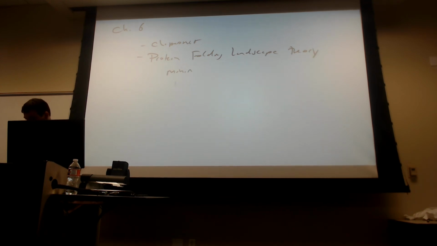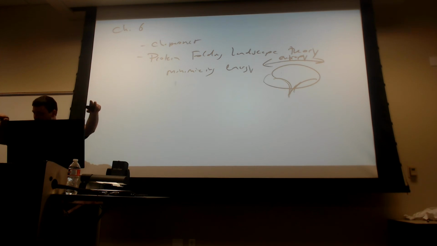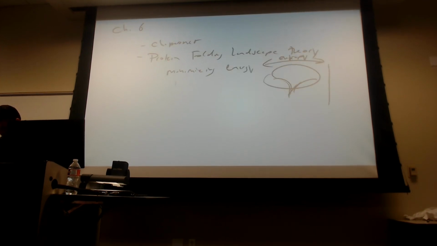Minimizing energy. According to this theory, we think of it as a funnel, where we have entropy, kind of pseudo 3D, around the x-axis, going down, with higher delta G's up, and then we go to the lowest energy state down here.